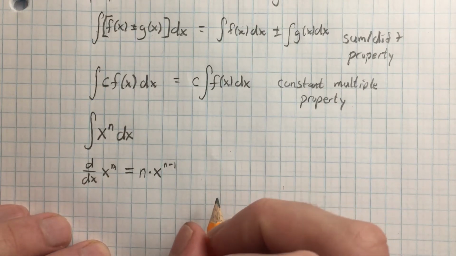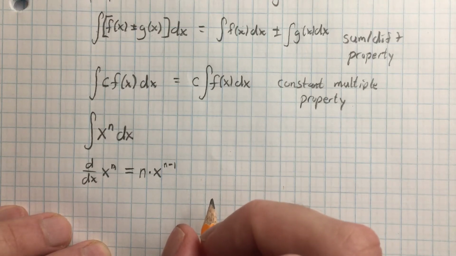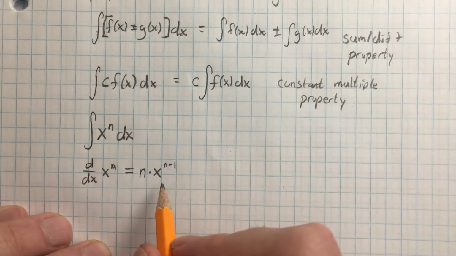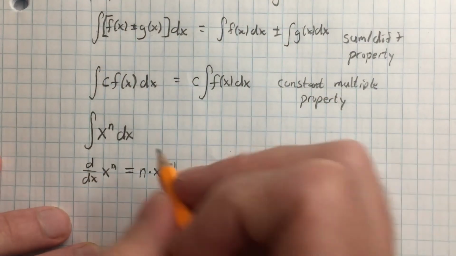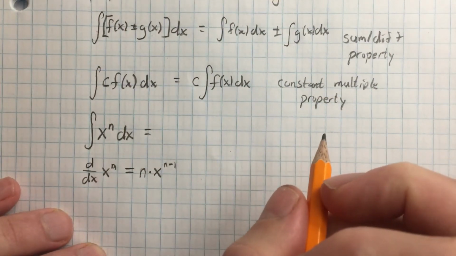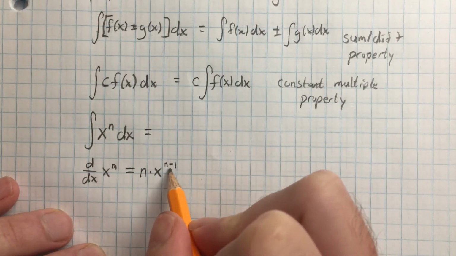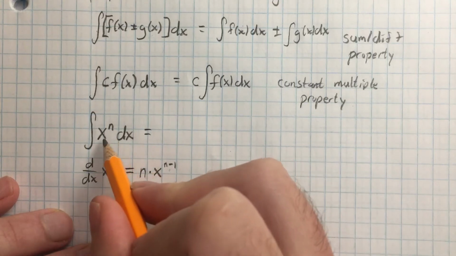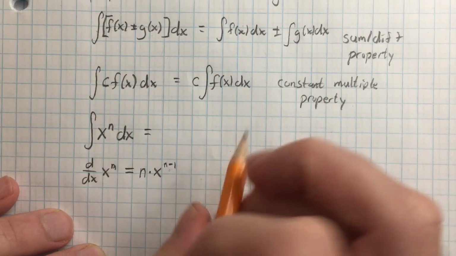If we were to invert this process, just like when you want to find the inverse of a function, you do the opposite operations in the opposite order. So if we do the opposite operations, again, there are two, in the opposite order, then according to that, we made a rule for that. Since the second thing I did was to lower the power by 1, that means here, when I'm doing the antiderivative, I'm doing this process in reverse, I should up the power by 1.